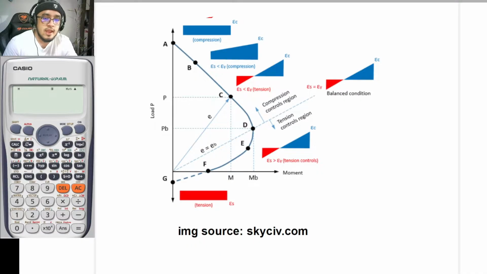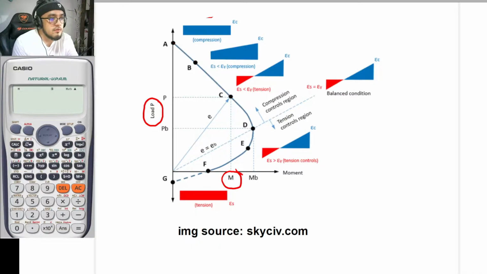An interaction diagram, for starters, is a graphical representation of the compressive strength of a certain member versus its moment capacity, given, of course, the axial load. So if this is your axial load P, and this is your moment, this is now its behavior.